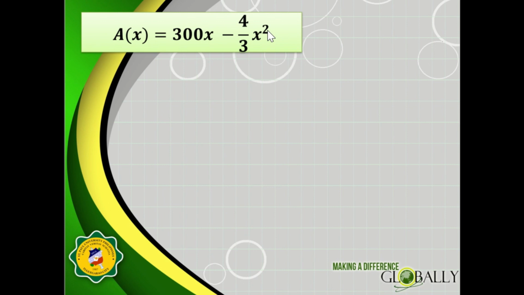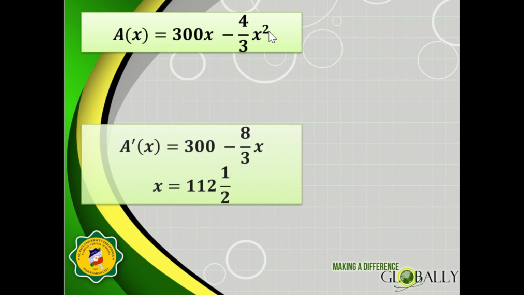We bring the 2 down and it will become 8 over 3 x, because we subtract the exponent by 1. So we have 300 minus 8 thirds x. By simplifying this, our x will be 112 and a half. And this will be our critical value.